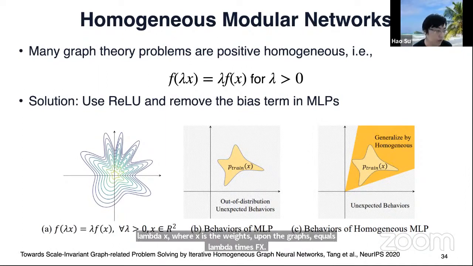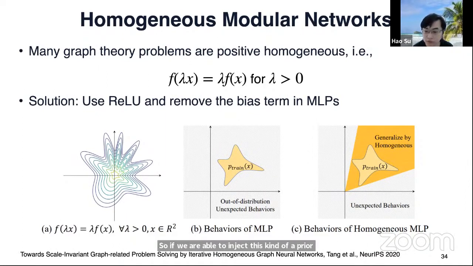So if we are able to inject this kind of prior into the graph neural network, theoretically it should help us to learn the shortest path. Then a question is raised: how can we build a universal homogeneous function approximator? It turns out that there's a very simple way.